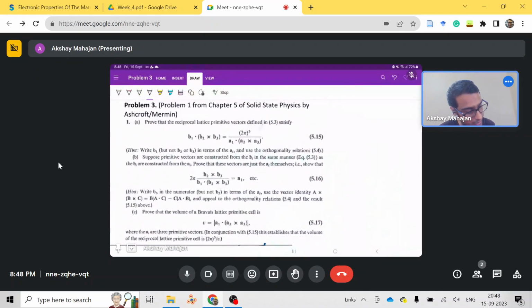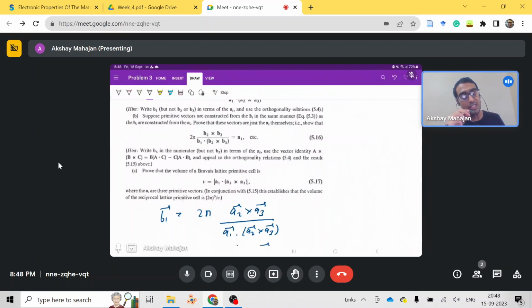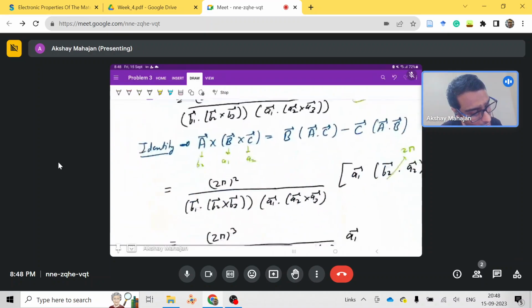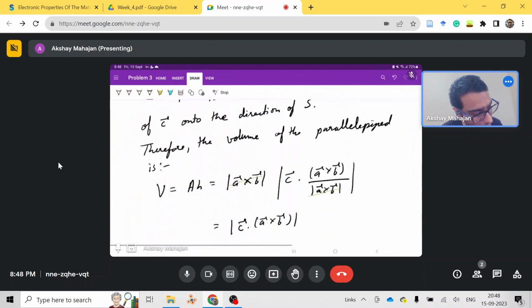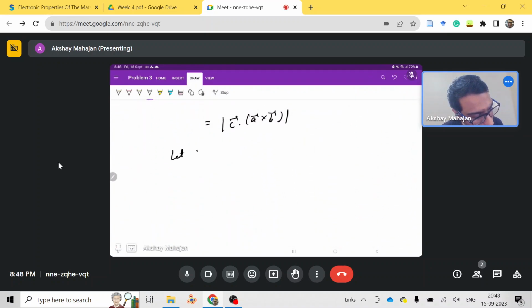Instead of A, B, C, we can write it as a1, a2, a3. Let A vector be a1 vector, B vector be a2 vector, and C vector be a3 vector.